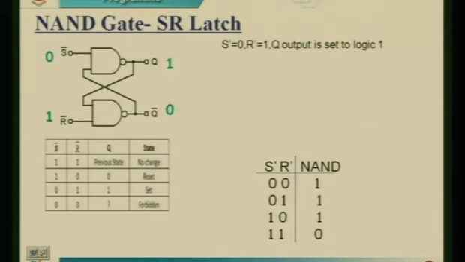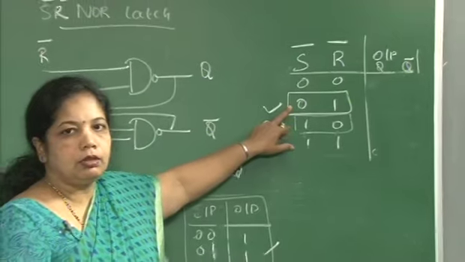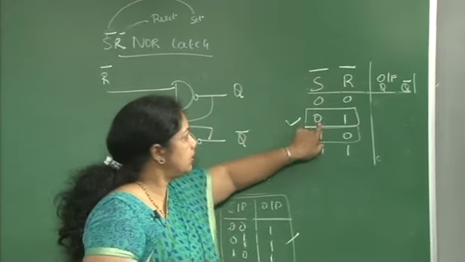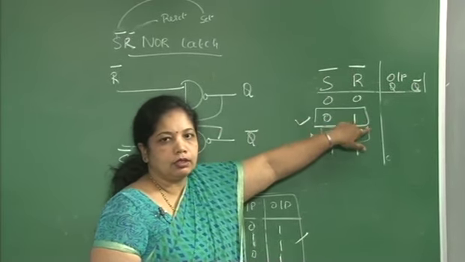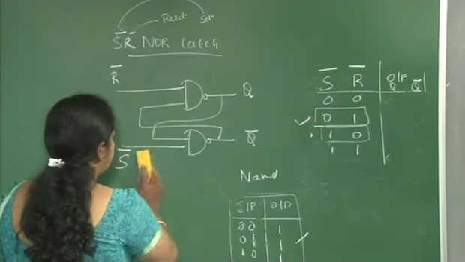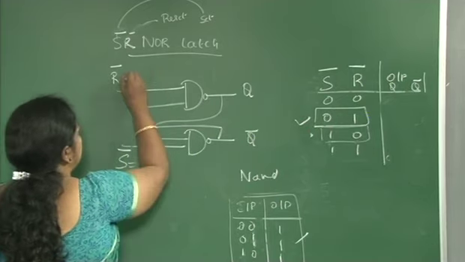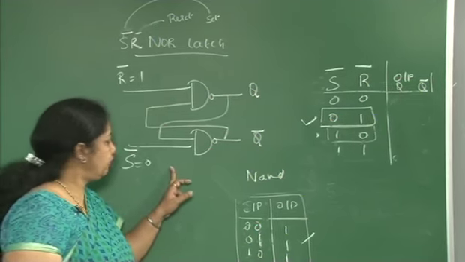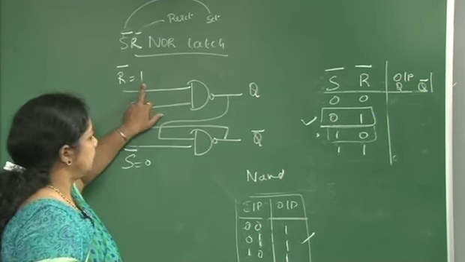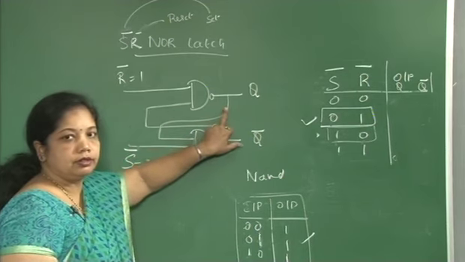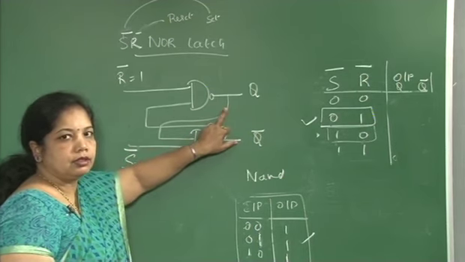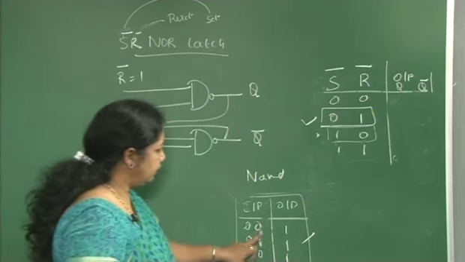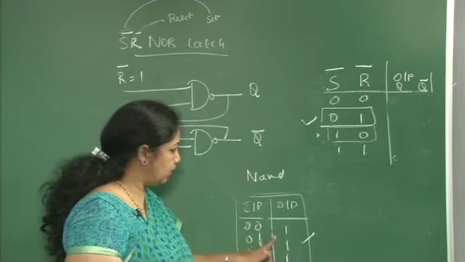We will take the 0 and 1 condition, where the S complement input is 0 and the R complement input is 1. If any input of a NAND gate is 0, my output should be 1.